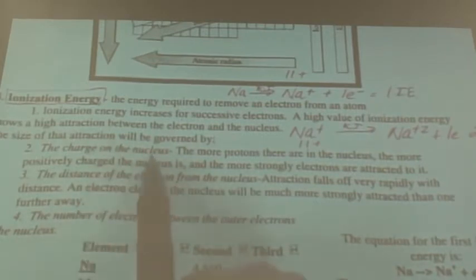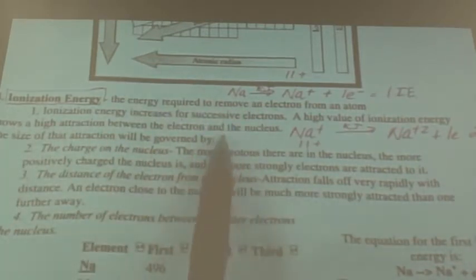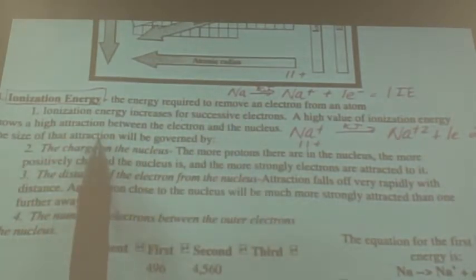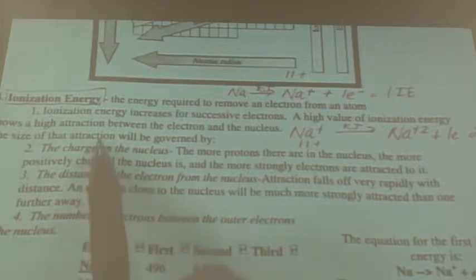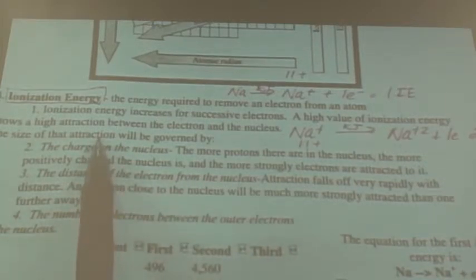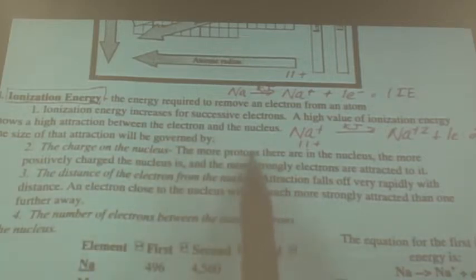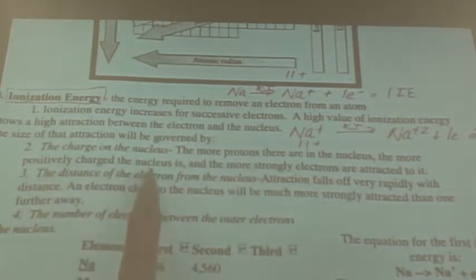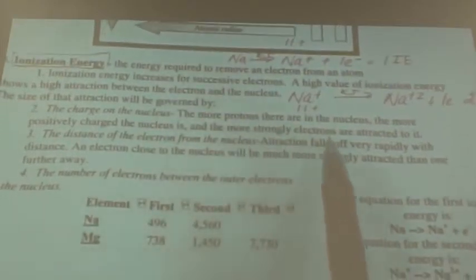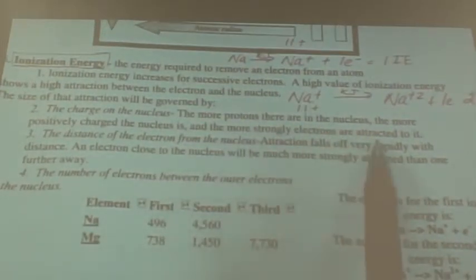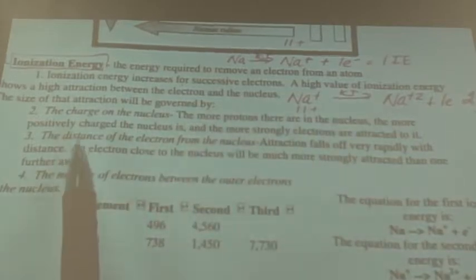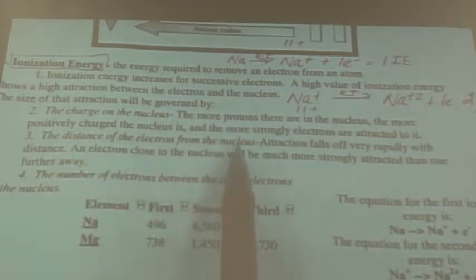Okay. The things that make a difference to the attraction an electron has for the nucleus are this: the charge on the nucleus. The more protons there are in the nucleus, the more positively charged the nucleus, the more strongly attracted the electrons are to it. The distance of the electron from the nucleus.